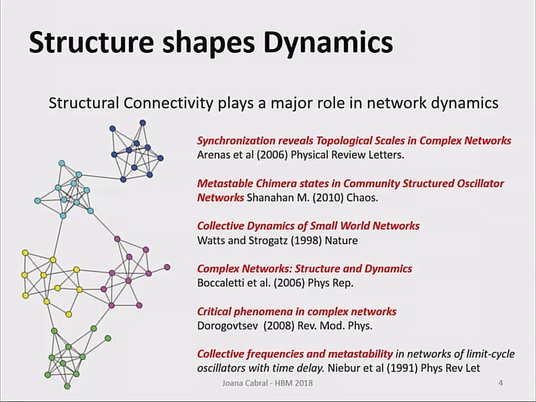Then, for example, Shanahan showed that you can have metastable chimera states, where the blue community synchronizes, then the purple community, then the light blue, then the green. So there is a competition between different community structures that constantly synchronize.